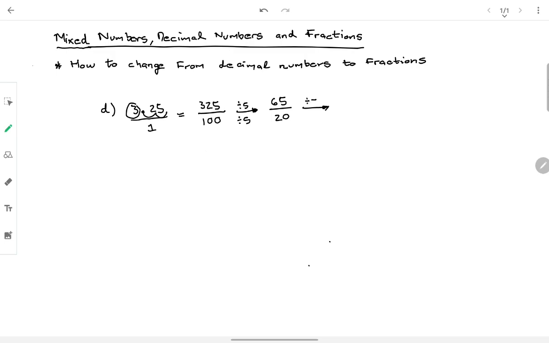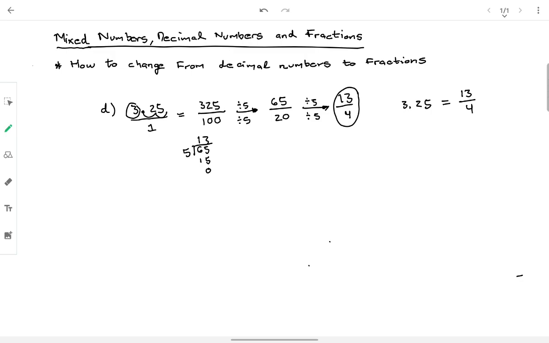That will give us 4 in the bottom part, and 65 divided by 5 will give us 13. So this is the most simplified fraction, so 3.25 is the same as 13/4. So this is how we can change from decimal numbers to fractions with improper ones.